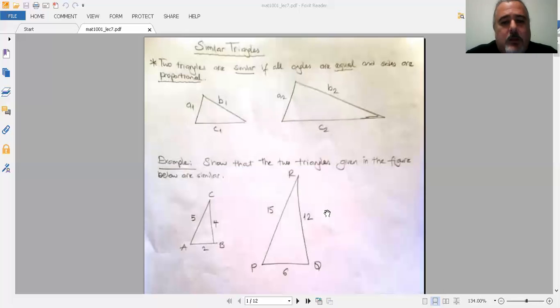Okay, here there's an example. It says: show that the two triangles given in the figure below are similar. So how can we show that they are similar? Let's see.